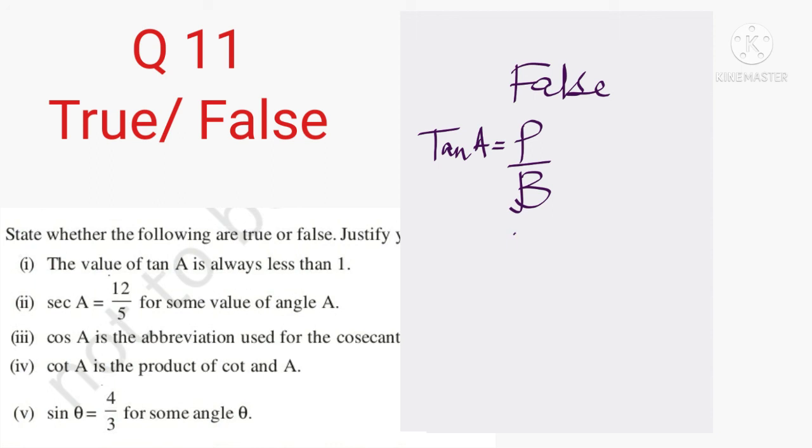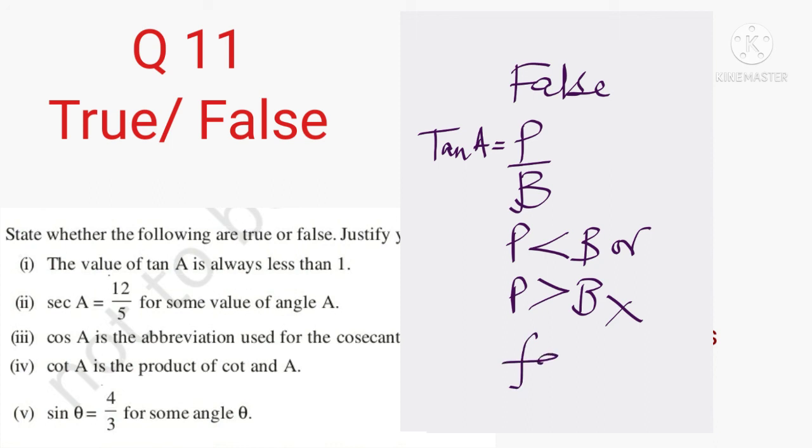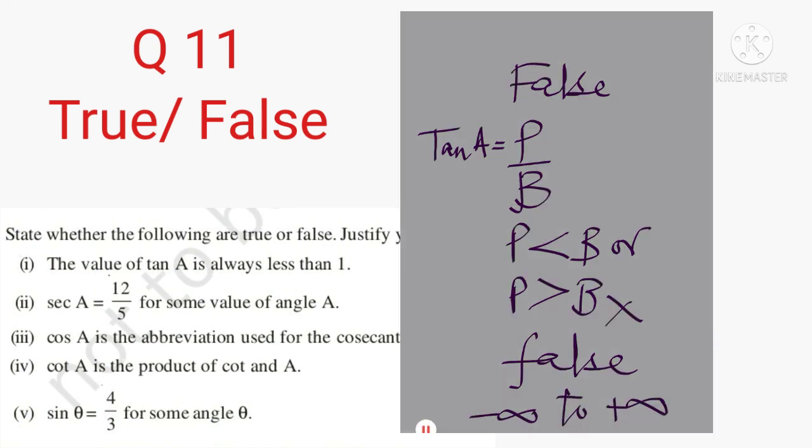So it is not necessary that P will be less than B or more than B. We do not have such conditions. So this statement is false, and in fact tangent A has a value from minus infinity to plus infinity.